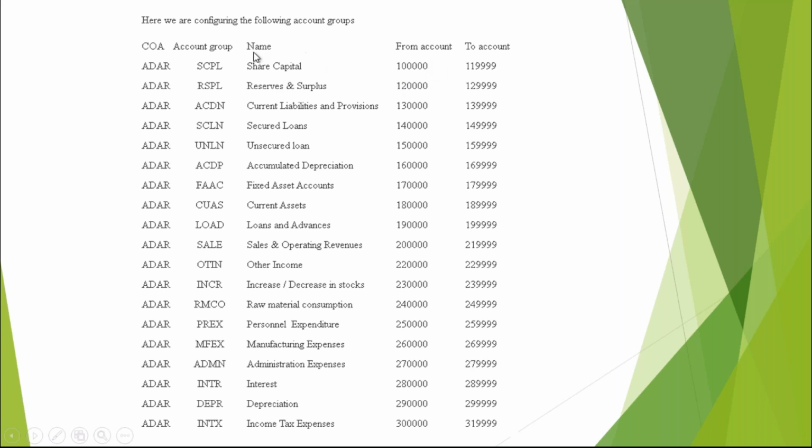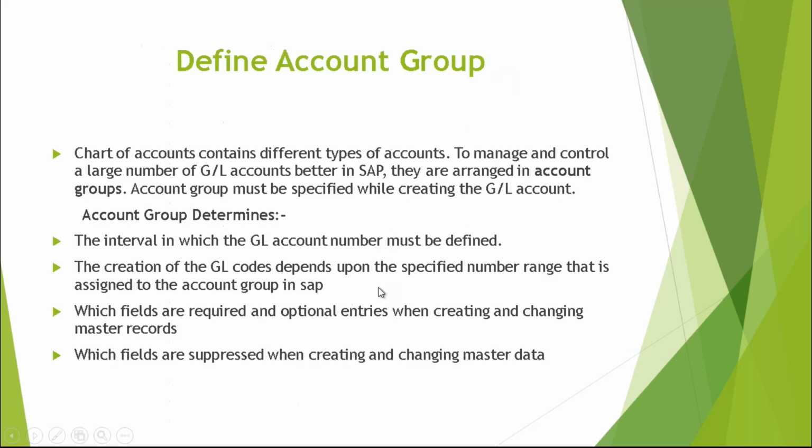The general ledgers which I create under the accounting groups will be from account to account. Only that many ledgers are possible to create, not more than that. Again, if I want to create more, either I need to create one more group, or I need to extend the to account, giving more than this limit. So the accounting group I need to create.